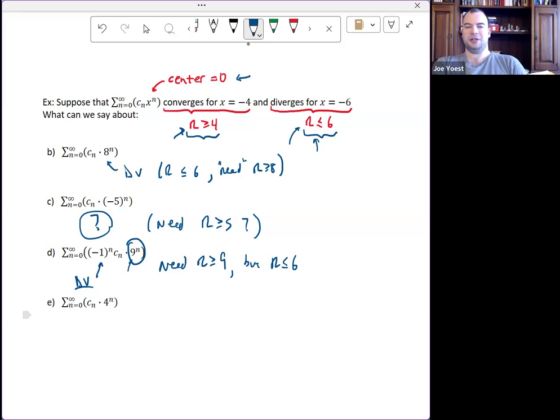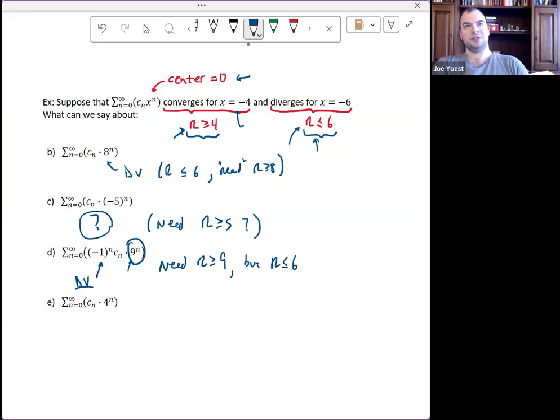And this one can also be kind of tricky, part E. What about the sum Cn times 4 to the n? The radius of convergence is at least 4 because we converge for x equals negative 4. If the radius of convergence is strictly bigger than 4, even a tiny bit bigger than 4, then this must converge. But the radius of convergence could be exactly 4.